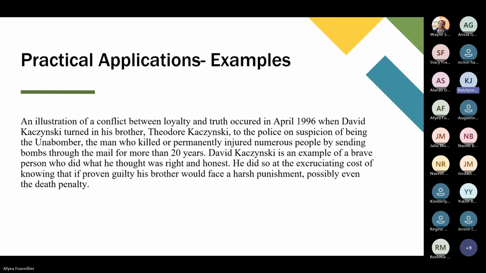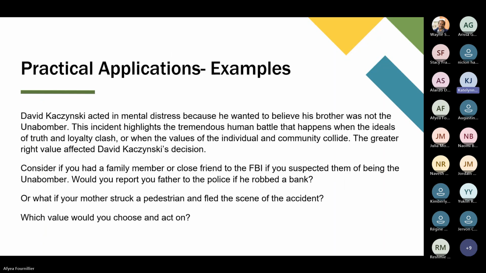David Kaczynski is an example of a brave person who did what he thought was right and honest. He did so at the excruciating cost of knowing that if proven guilty, his brother would face a harsh punishment, possibly even the death penalty. So he did the right thing, basically, right? Because his brother was a murderer.